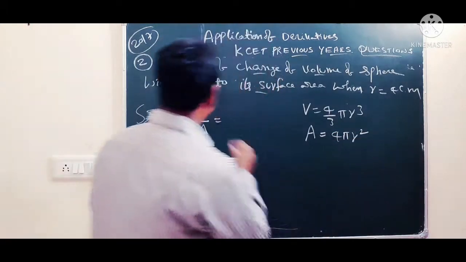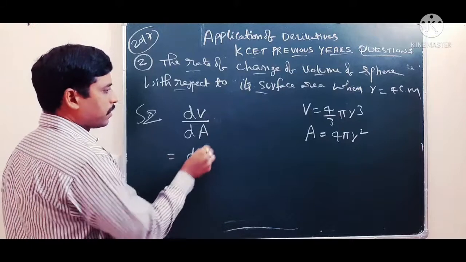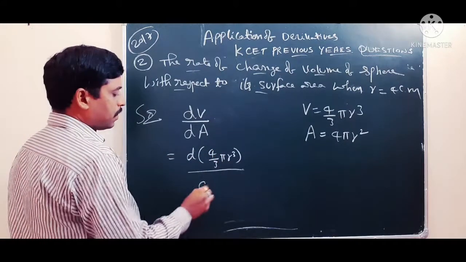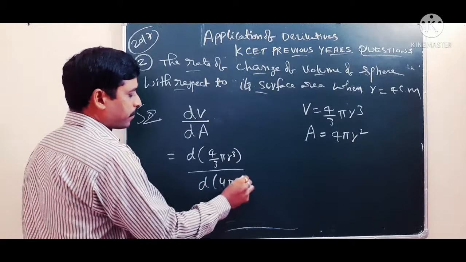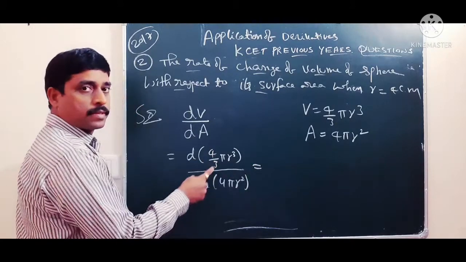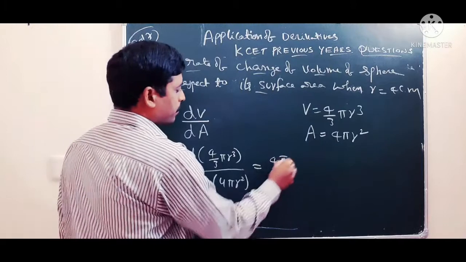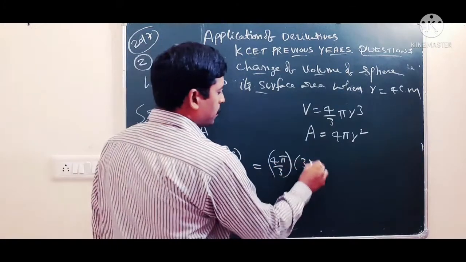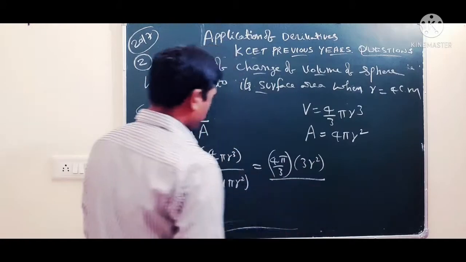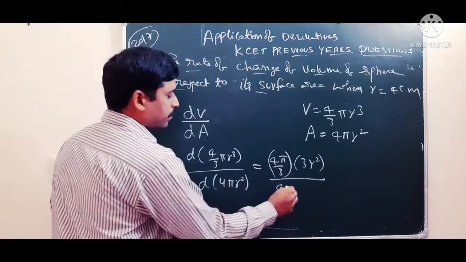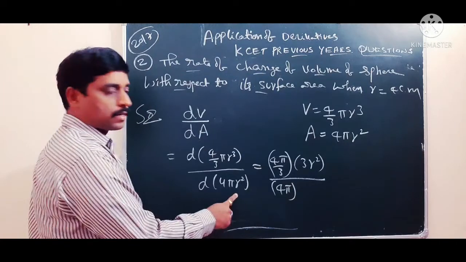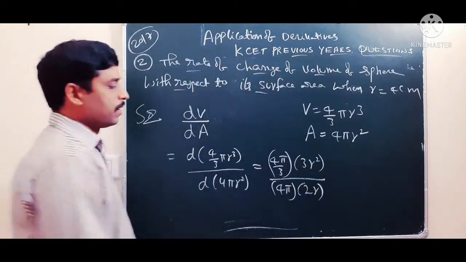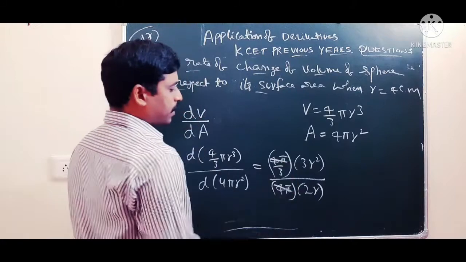Okay. Now substitute in this one. Derivative of 4 by 3 pi r cube by derivative of 4 pi r square. In this, 4 pi by 3 is constant, differentiation of r cube, we get 3r square, by 4 pi constant, differentiation of r square is 2r, with respect to r. 4 pi by 4 pi get cancelled.